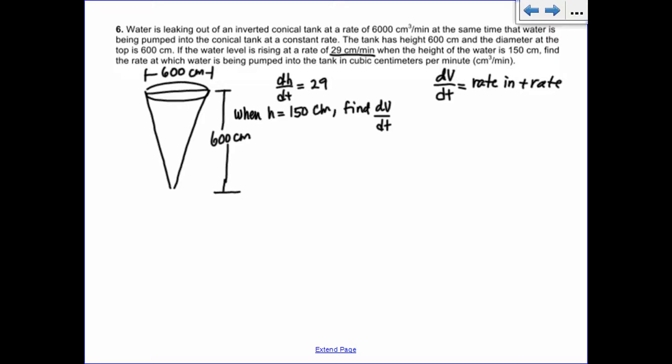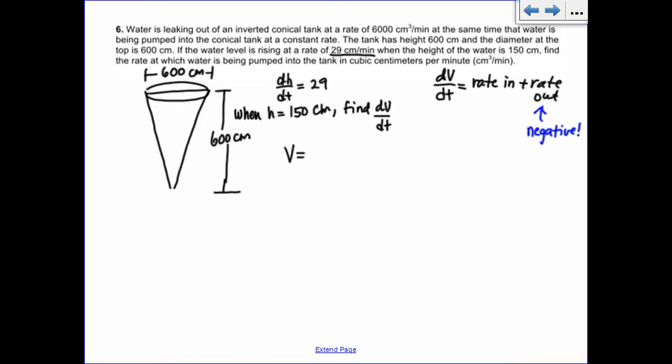I'll say plus rate out, but I'll say it's negative. It's kind of tricky. So we're not going to worry about this 6,000 till the very end, because that's how much it's leaking out right now. But I want to find the total change in the volume first, okay?